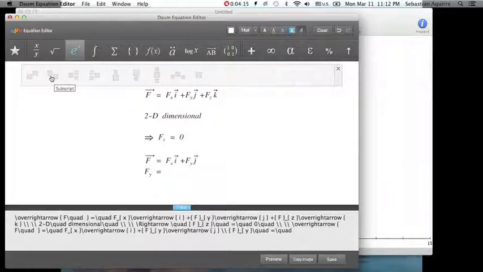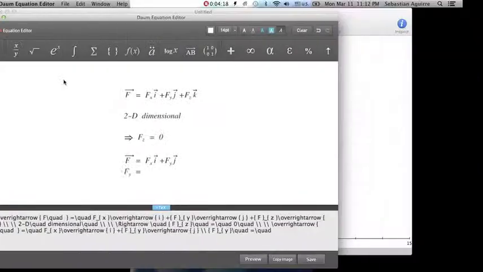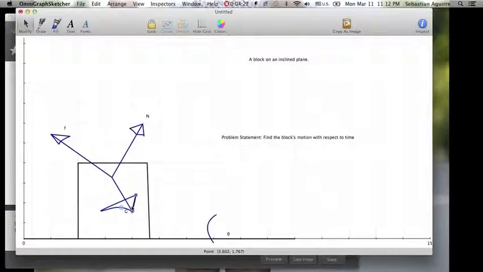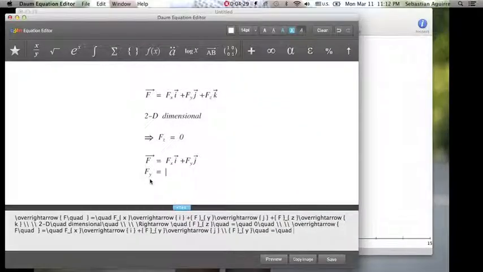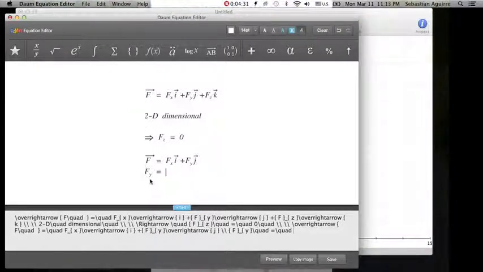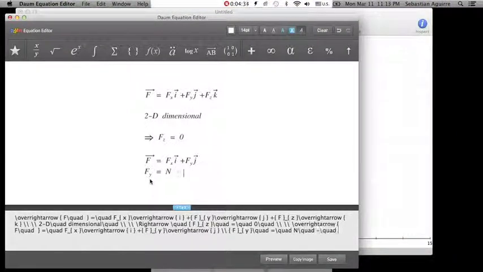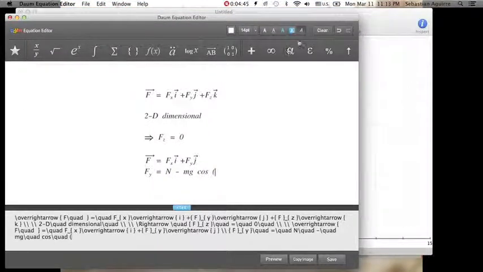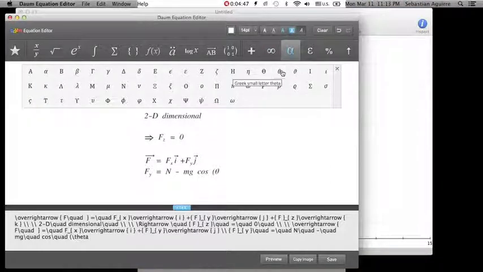From the drawing, we notice that we have a normal force and a gravitational force acting on it, which will be N minus the mass of the block, an arbitrary m, times the gravitational acceleration g, times the cosine of the angle.